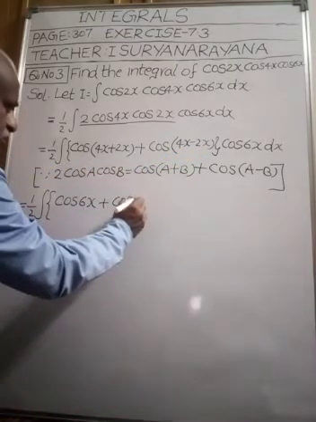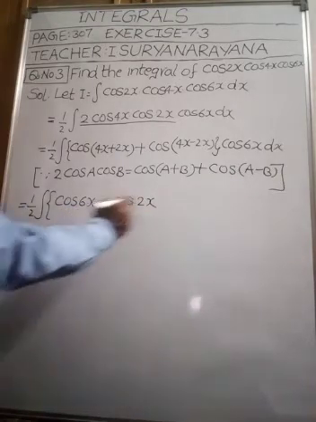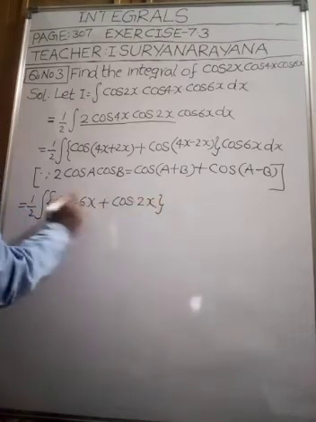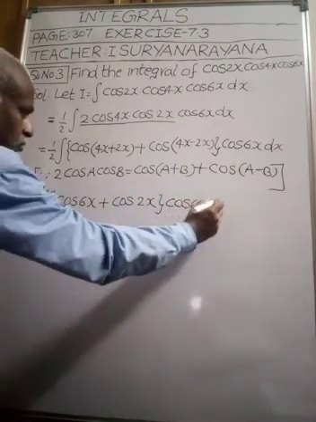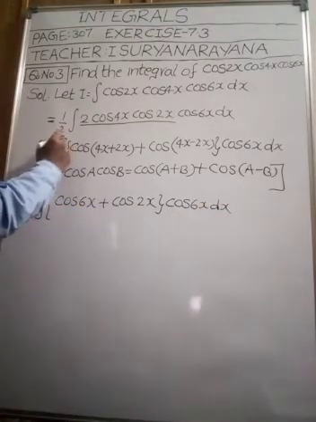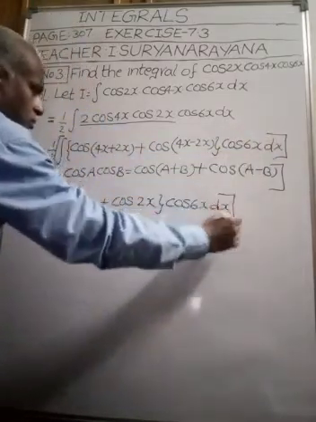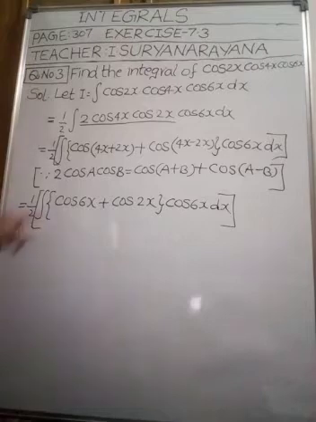Yes, 2x. The second term is done. Into cos 6x dx. Understood this step, my children?